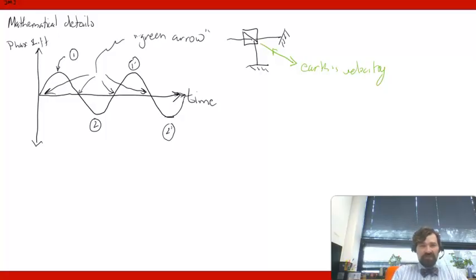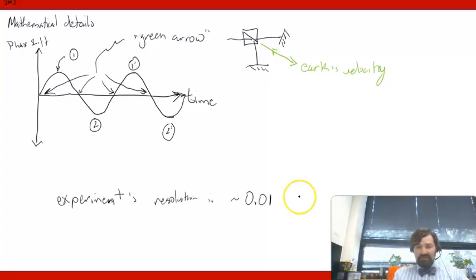And so basically what they would do is observe the relative fringe shifts between both ends. It turns out that their apparatus had a resolution of something like 0.01 fringe shift.